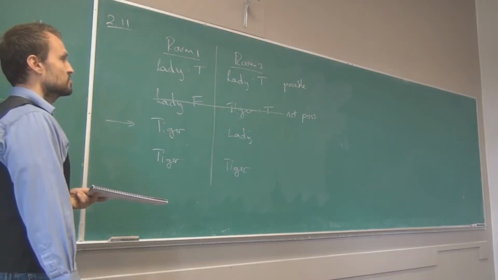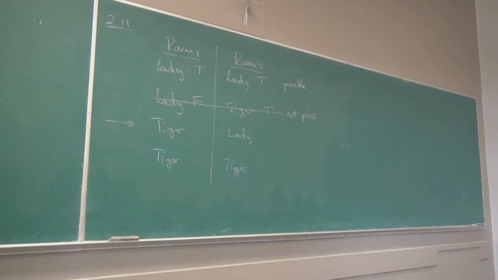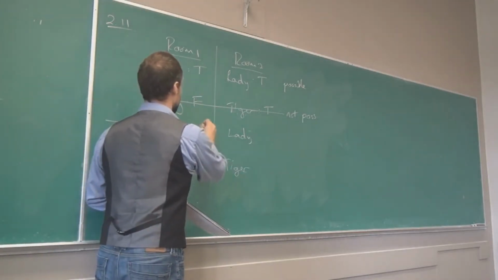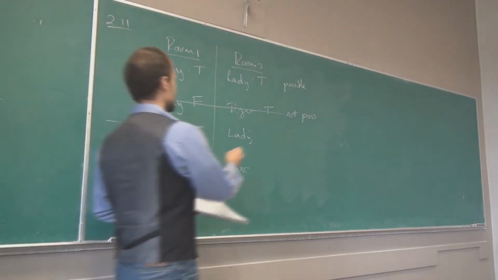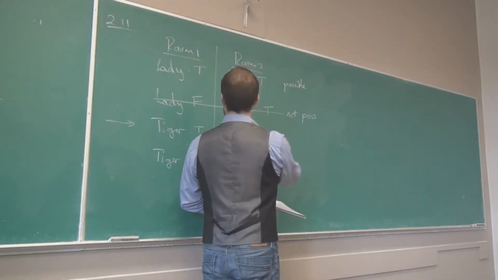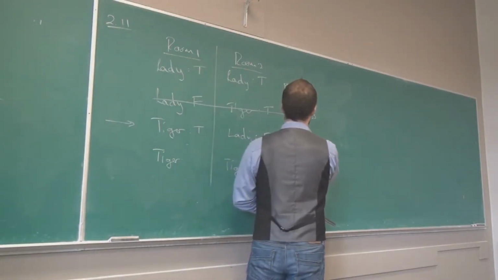A tiger is in this room. I already have that. I just need one of them. Or a lady is in the other room. That's just true on both parts. Room 2, a lady is in the other room. That is definitely false. It's a mix, so that's not possible either.